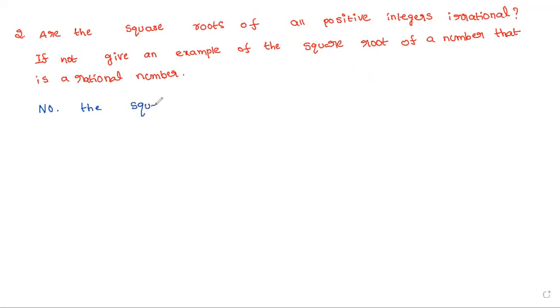The square roots of all positive integers irrational? If not, give an example of the square root of a number that is a rational number. So what is the example now? Which one will you take as the example?